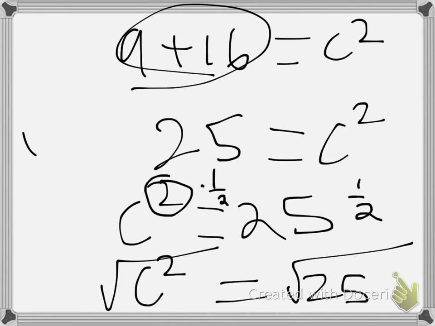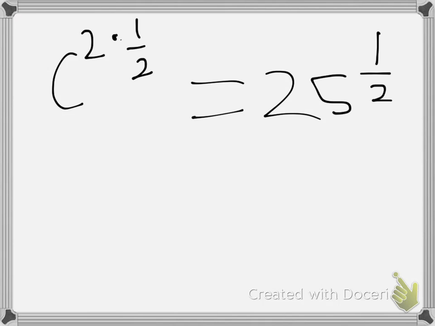And it's a math rule that the square root is equal to the power of a half when we're writing it as an exponent. So here, I'll show it both ways, where I'll write it as a fraction, 25 to that, and I'll also do the square root way.